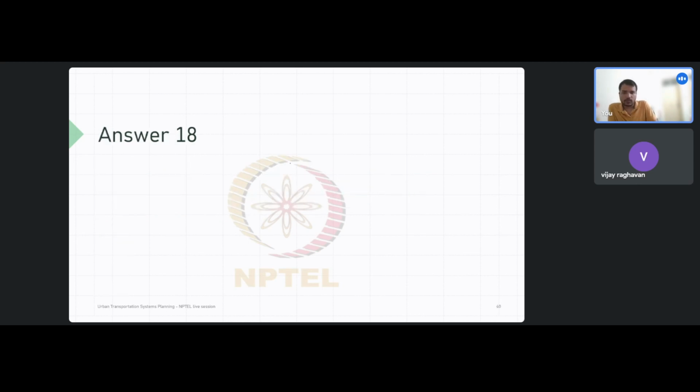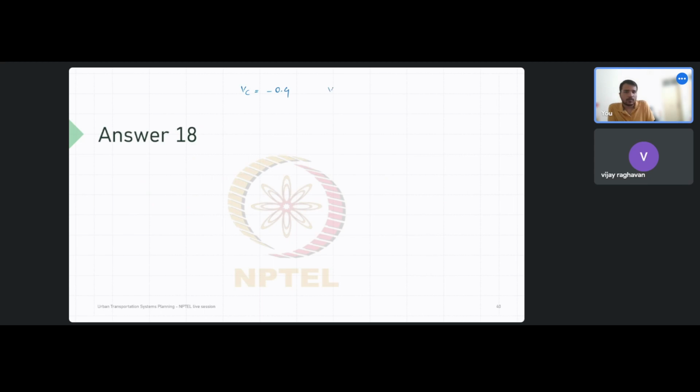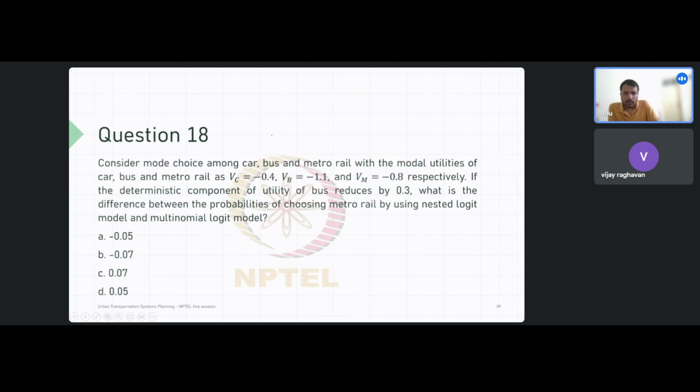So let's do this. Here we have given VC minus 0.4, minus 1.1, minus 0.8. So the new value of VB dash will be minus 1.1 minus, we are reducing it by 0.3, so it will become minus 1.4. And here we are using nested logit also.